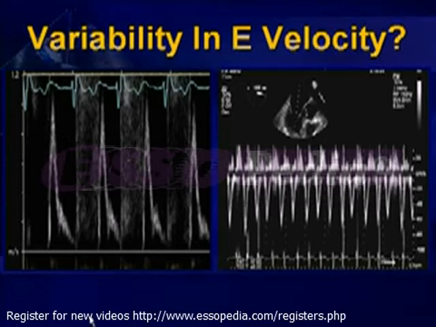Therefore, patients with high filling pressure will exhibit less cycle length variability in the amplitude of the E wave velocity. Therefore, the absence of a noticeable variation in the E wave velocity with cycle length should raise the suspicion of increased LV filling pressure and have you look more closely at more sensitive and specific findings.